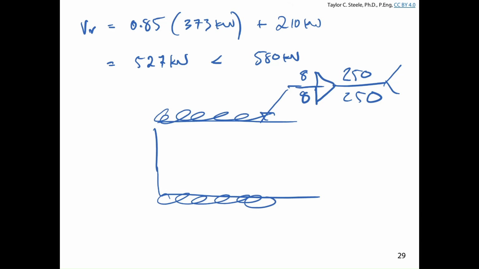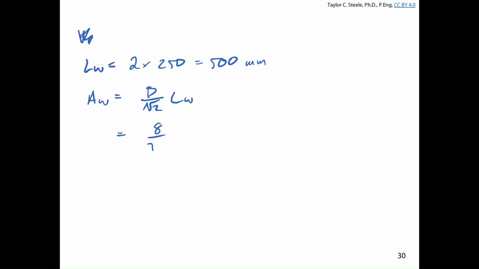And we could quickly do some of those calculations just to see what that looks like. LW is 2 times 250 here, which is 500. AW is D over root 2 times LW, which is 8 over root 2 times 500, which is 2,828 millimeters squared.